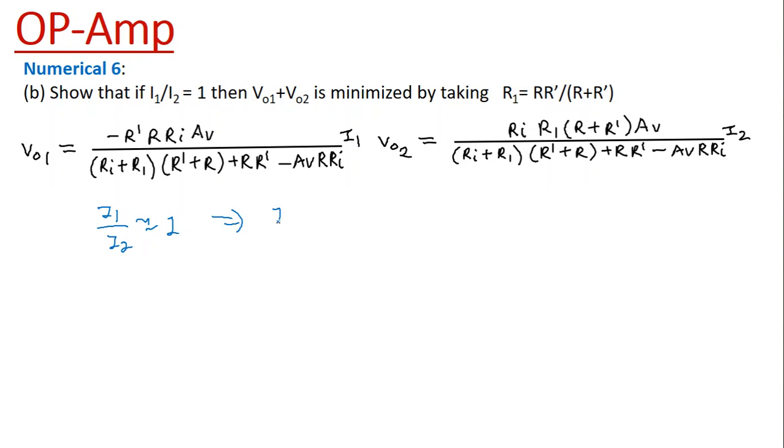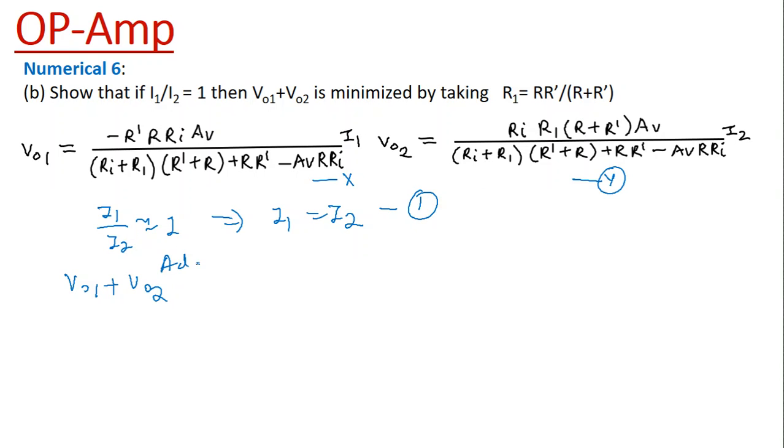That means I1 is equal to I2. So let this be equation number 1 for this part. Now we find out VO1 plus VO2. So let this be equation number X and equation number Y.